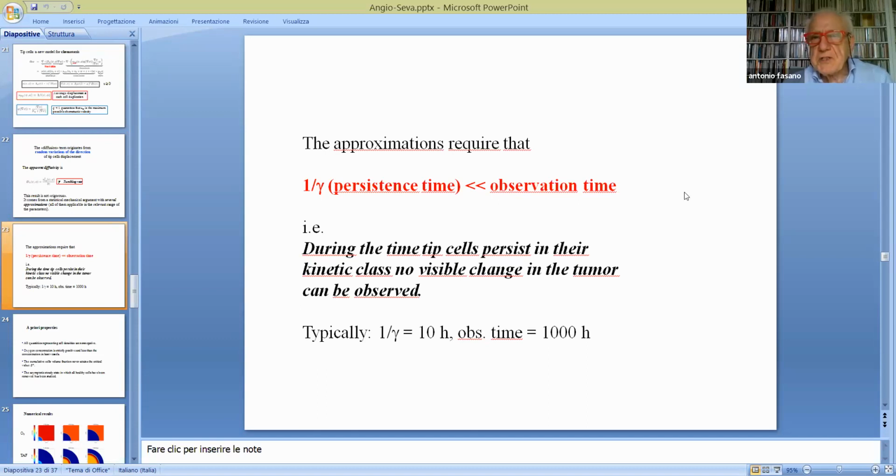So the observation time is the time at which a tumor grows in an observable way, which is typically, say, 1,000 hours. It grows, say, by 1 millimeter. While this 1/gamma is 10 hours. So this approximation is very well justified.